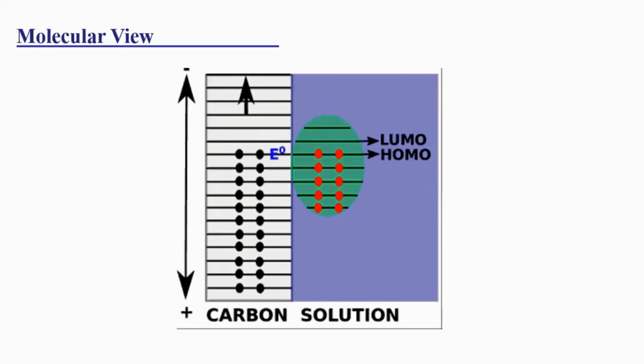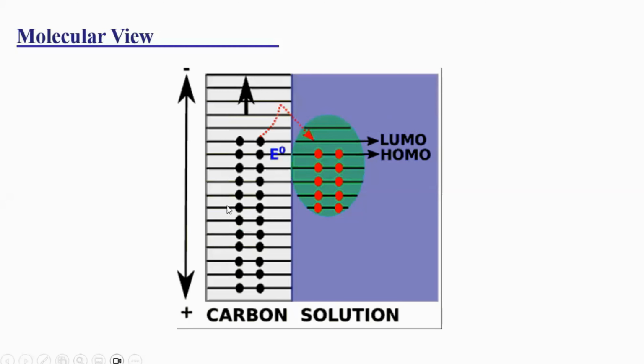Imagine the carbon surface as a big molecule. If I think about a big molecule, it has a HOMO and a LUMO. At the beginning, the HOMO energy level of the electrode is lower than the HOMO of the analyte.